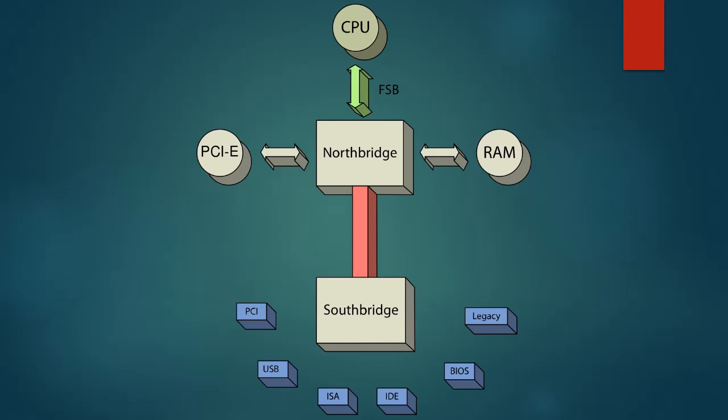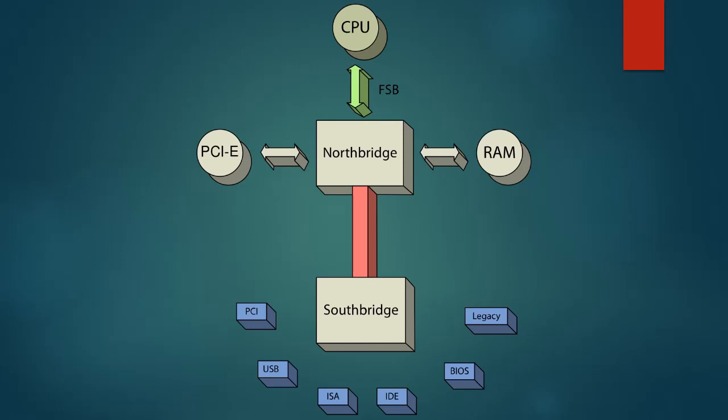Everything had to go through the South Bridge, but now this architecture has been replaced by the platform controller hub chips. In the PCH architecture, the functions of the North Bridge have been largely integrated into the CPU. So the North Bridge chip has been completely eliminated, and the functions of the South Bridge are now done entirely by the platform controller hub chip.